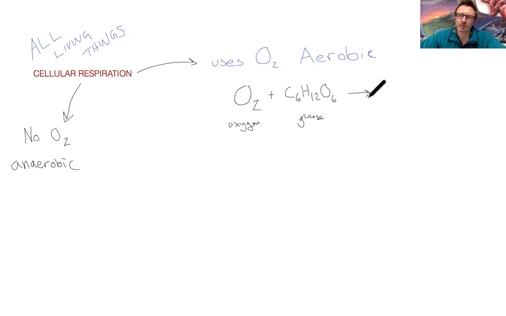But that's not the only thing we release, right? We also produce water by breaking down glucose through aerobic respiration. We also produce a waste gas, and we exhale this every time we breathe.